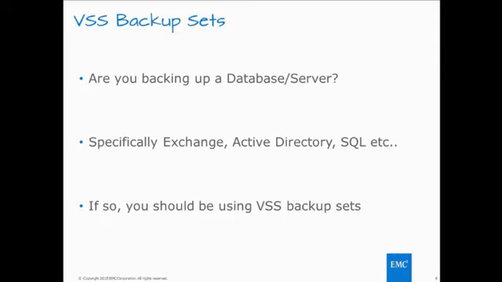So if we take Exchange as our example, Exchange in a nutshell, from a high level, works like this: when you create transactions in Exchange, so sending an email, receiving an email, moving an email, deleting an email, things along those lines, it creates a temporary log file.